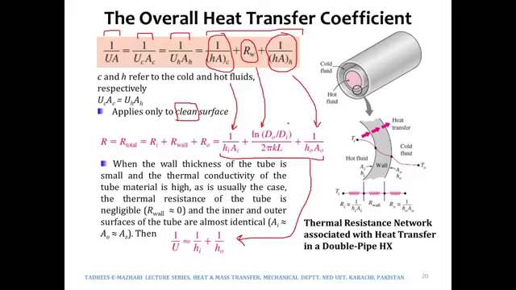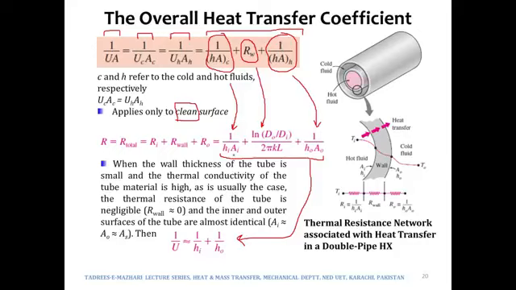And of course the cylinder will be made of a highly conductive material. So in the numerator it would be log of approximately 1, which would be a very small quantity, and in the denominator k, thermal conductivity, would be very high. If this is the case, then this middle resistance offered by the wall itself can be neglected, and therefore we can write it in this form, that 1 over hi plus 1 over ho will remain on the right hand side, and then areas will also get cancelled out.